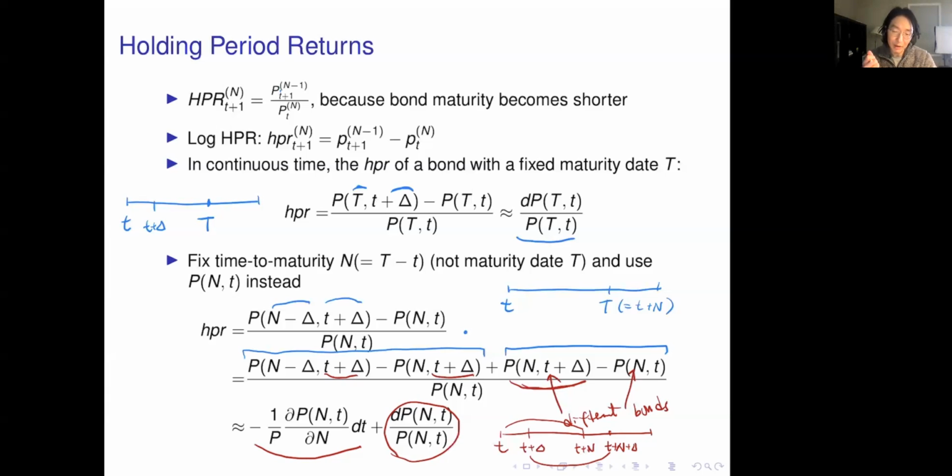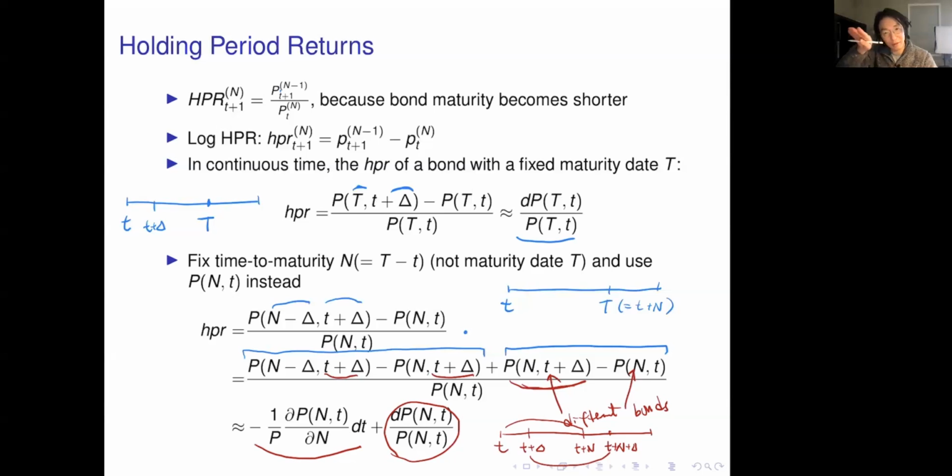So it is basically comparing at the same time, fix the time at t plus delta, and you're comparing two different bond prices, the one with 5-year and the other with 4-year and 364 days maturity bond.